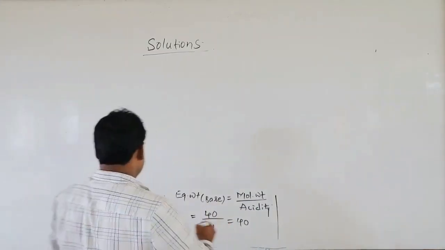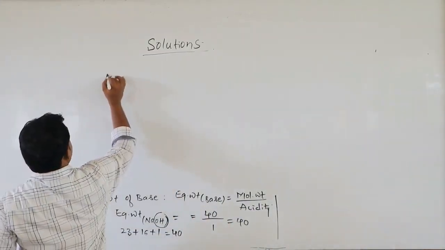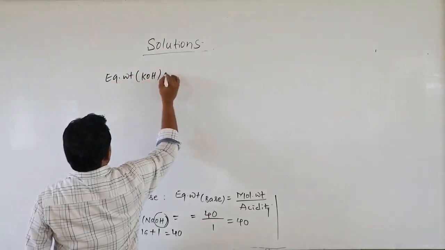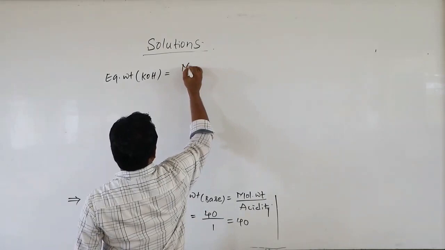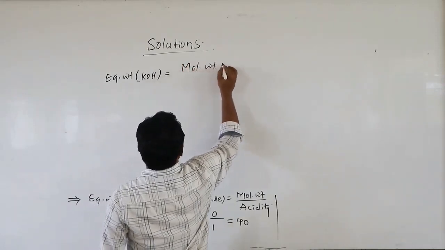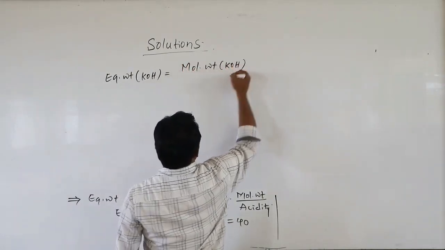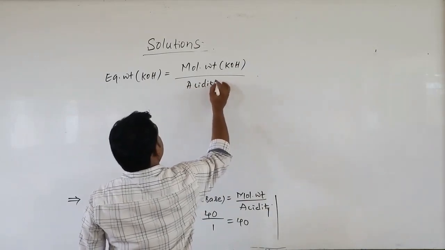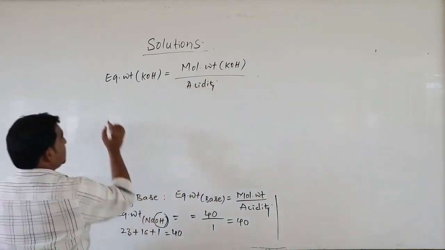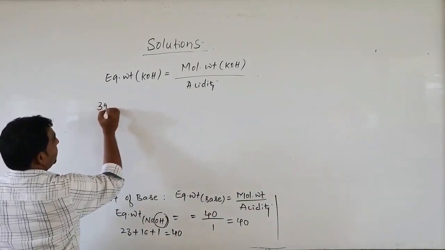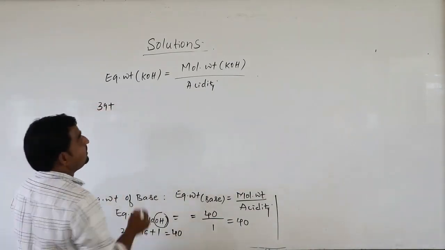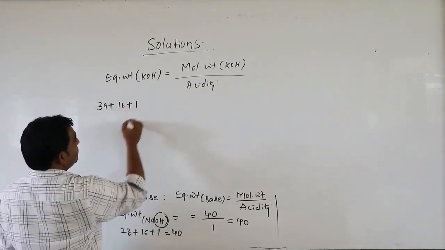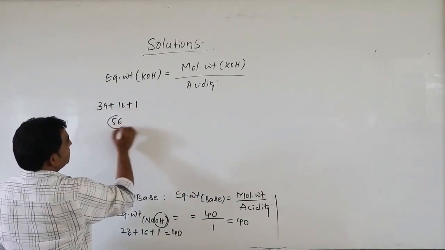One more example regarding the equivalent weight of a base: KOH. That is the molecular weight of KOH divided by acidity. The molecular weight of KOH is 39, the atomic mass of potassium, and 16 for oxygen, and hydrogen is 1, that is 56.